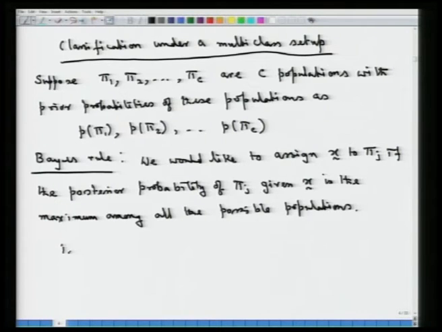That is, what we are trying to do here is let us denote by this quantity p pi j given x the posterior probability of the population pi j given x is observed.